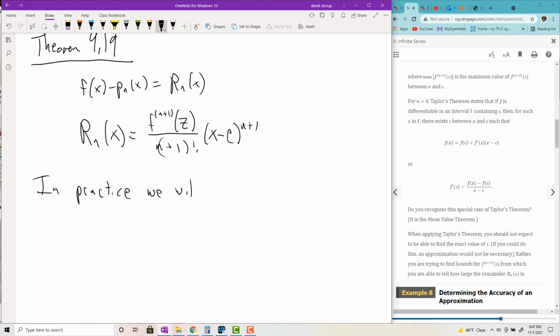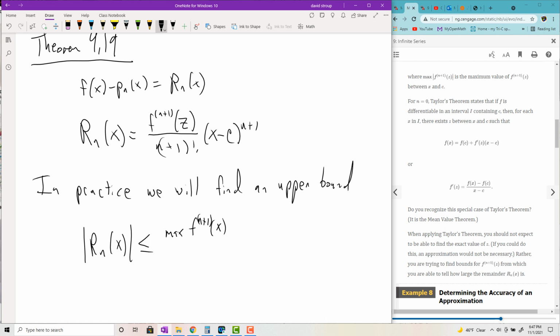we will find an upper bound on the absolute value of r sub n of x, and it will be the maximum of the absolute value of the n plus first derivative on this interval from x to c or c to x, depending on whether your x is above or below c.